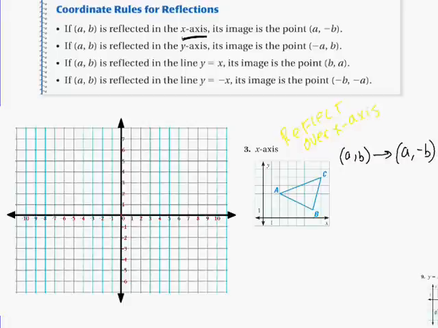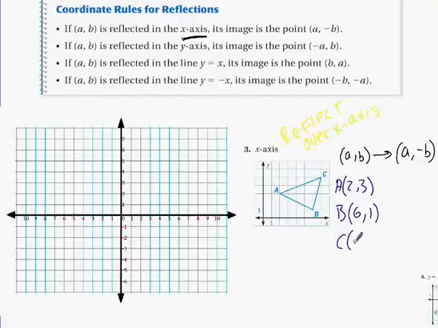First, A is 2, 3. B is 6, 1. And C is 7, 5.